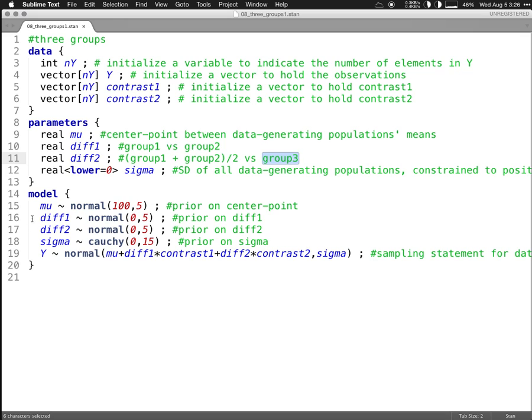But critically, this allows us to just say, we assume all the differences are centered on 0, and we'll assume that the groups as a whole are centered on 100. And again, we've assumed that all the groups have this common sigma, which is pretty typical, but I've shown you how to relax that assumption and look at effects on sigma as well.